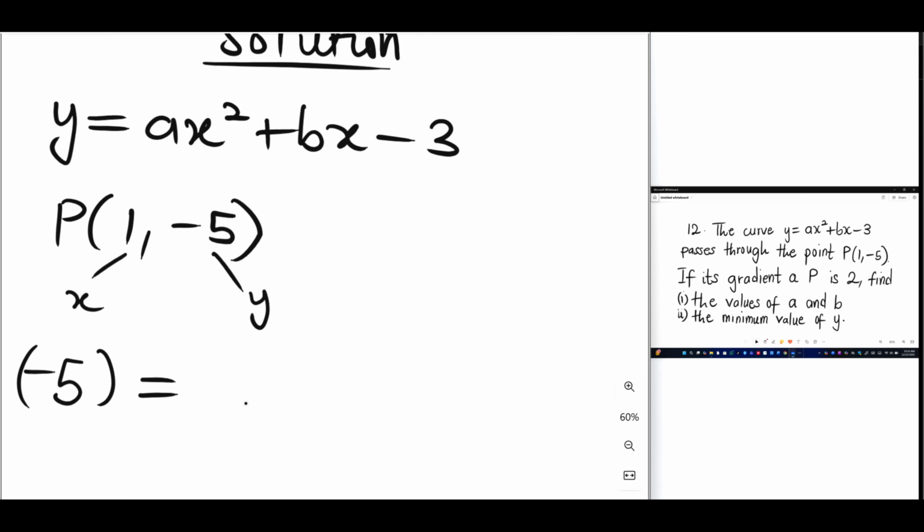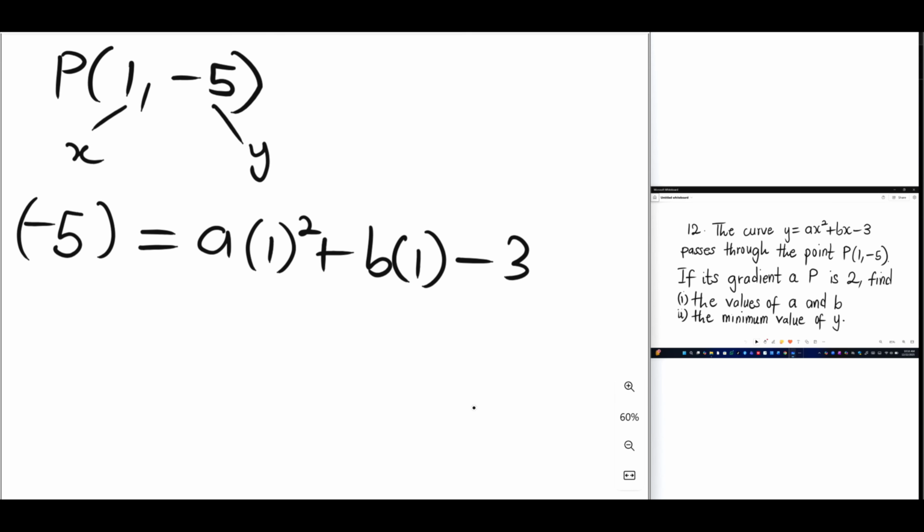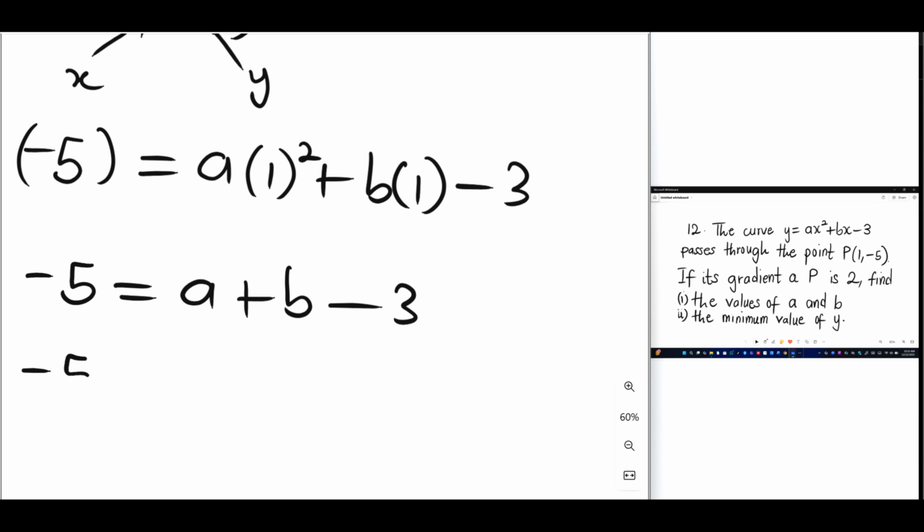then we have it equal to a multiplying 1 squared, because x is equal to 1, plus b also multiplying 1, minus 3. We are going to get -5 equals a plus b minus 3. Grouping like terms, we transpose the 3 to the left-hand side.